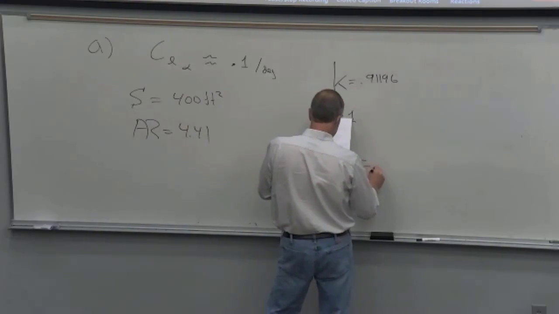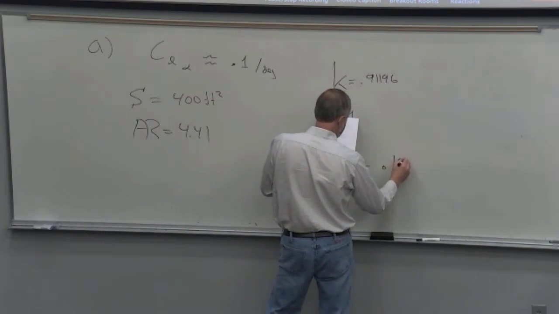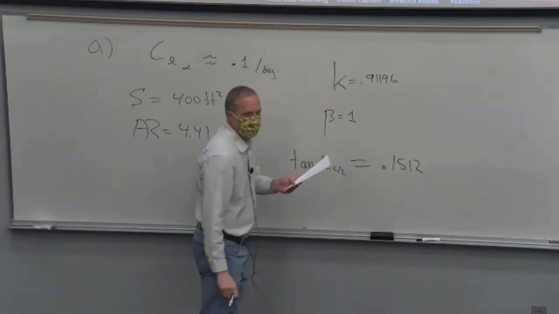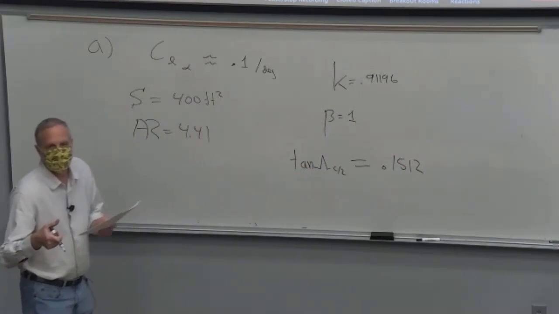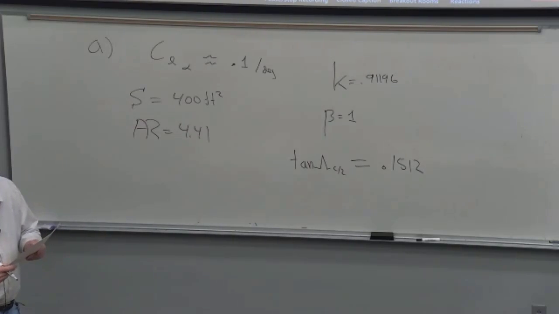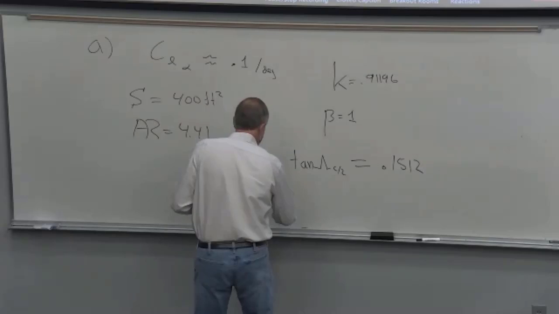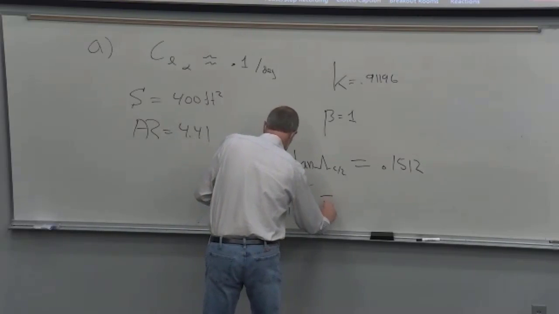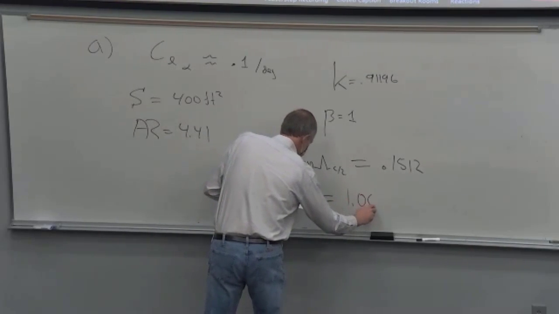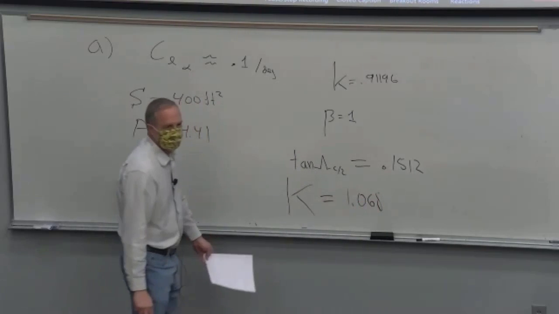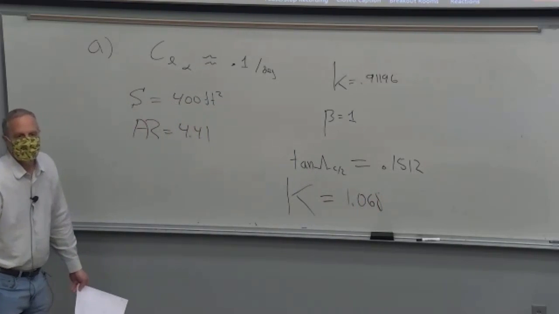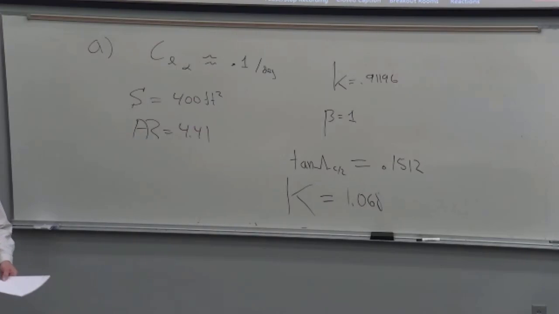C over 2, sweep. Tangent should be that. Everybody matching? Looking good? And then big K, I got 1.068. Yes? Thumbs up? Okay.